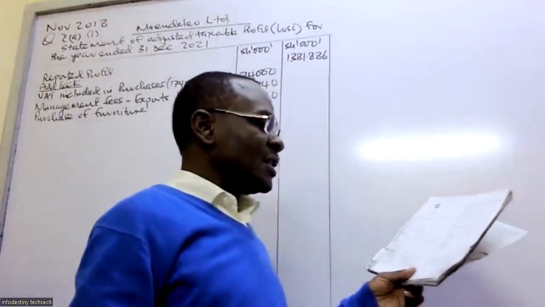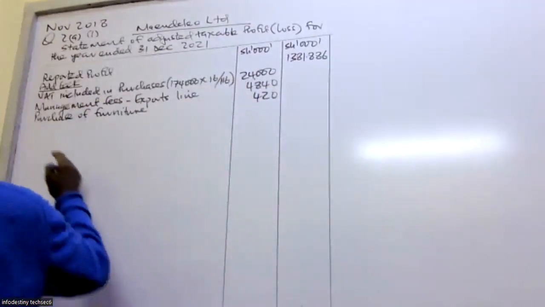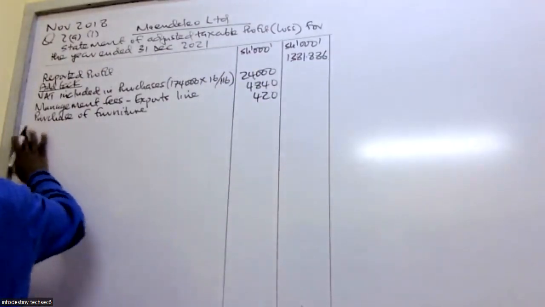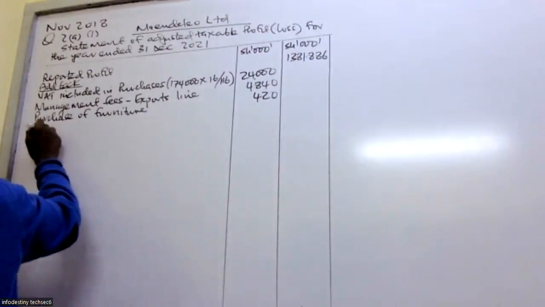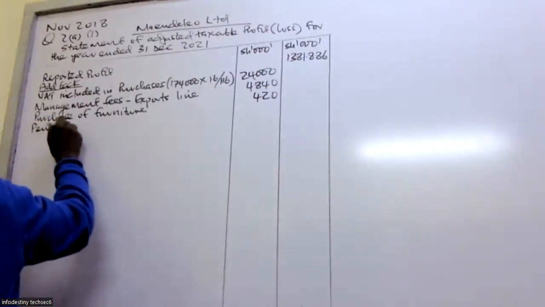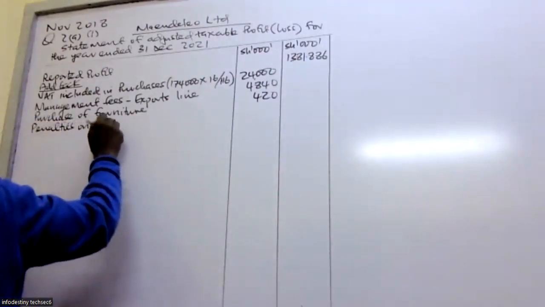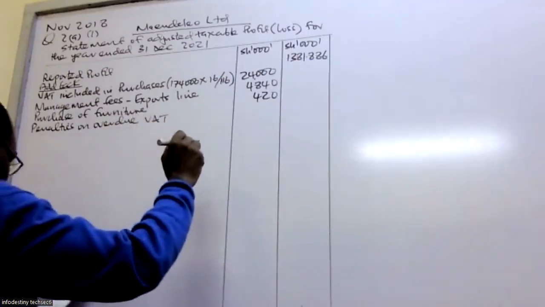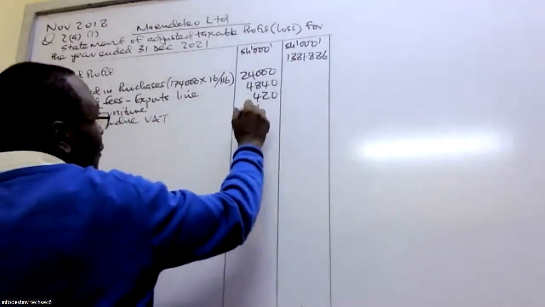Penalties on overdue VAT, 164. So we add back penalties on overdue VAT. We add back 164.